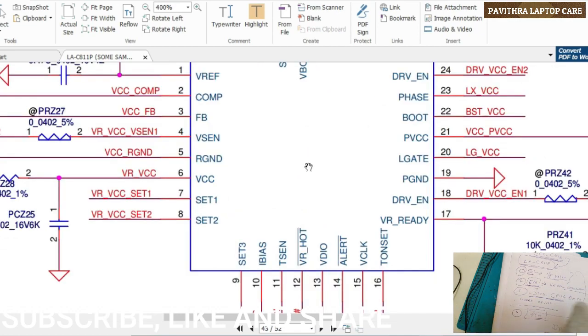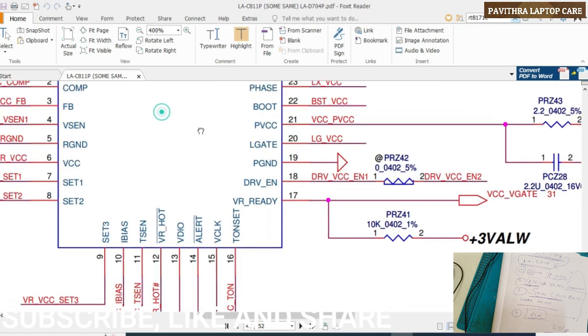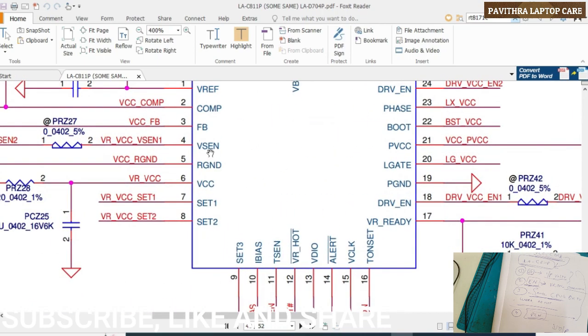The first point I told you was input voltage, VCC. See here, VCC pin number 6. Second one, PVCC, pin number 21.